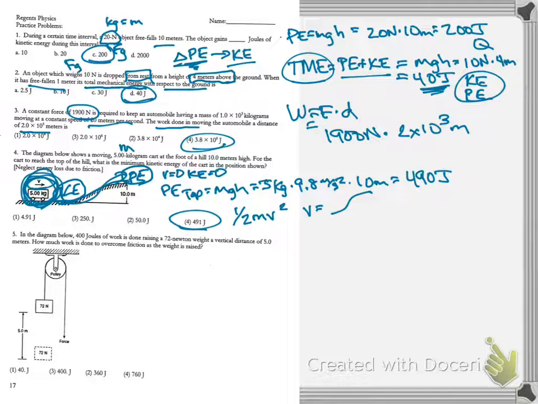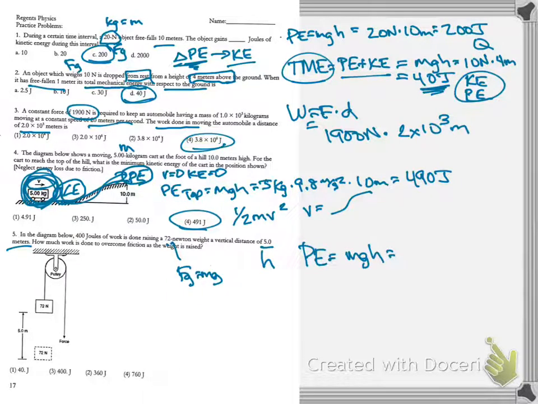The diagram below, 400 joules of work is done raising a 72 Newton weight a vertical distance of 5 meters. So the first thing I'm thinking is they gave me Fg, which is mg, and they gave me h. I can calculate the PE. It's just mgh.